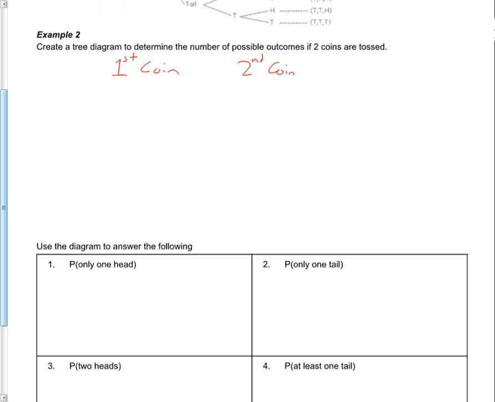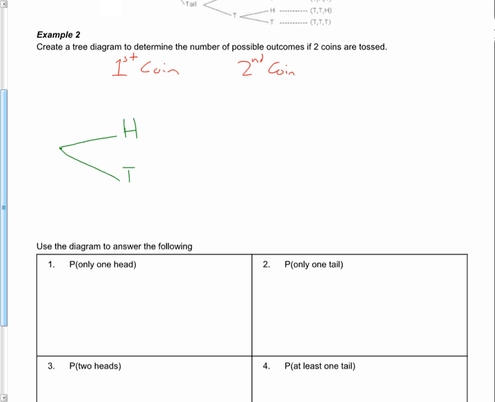If I flip a single coin, how many possible outcomes are there? Well, there's 2. I could either get a head, or I could get a tail.